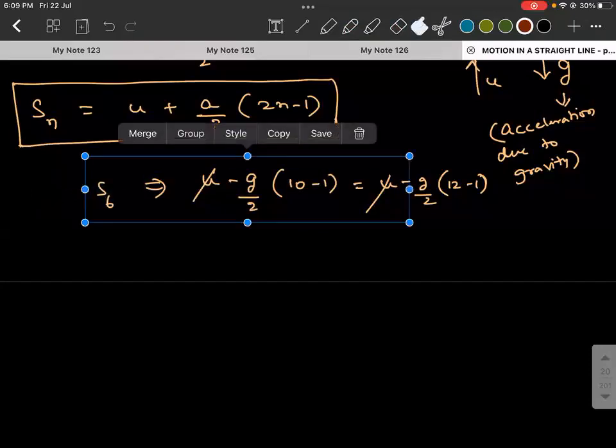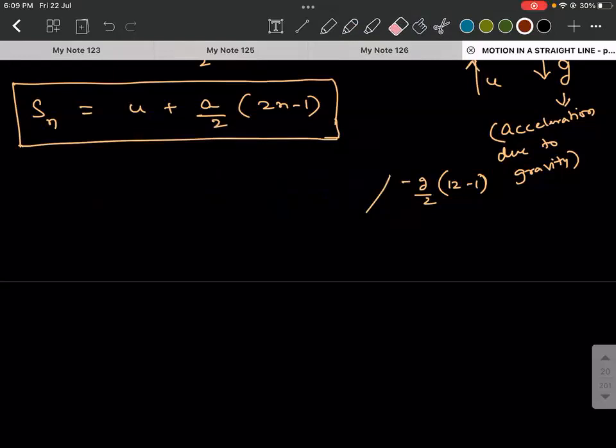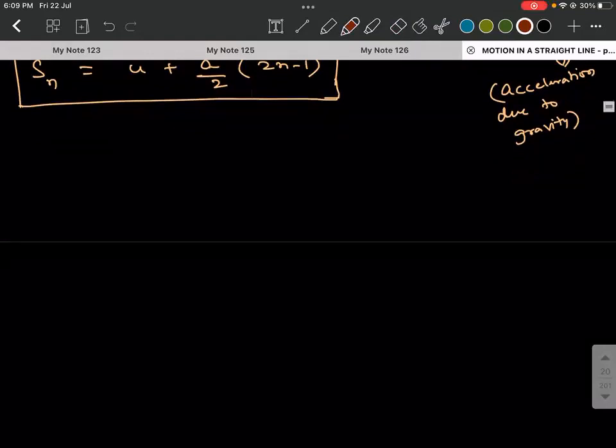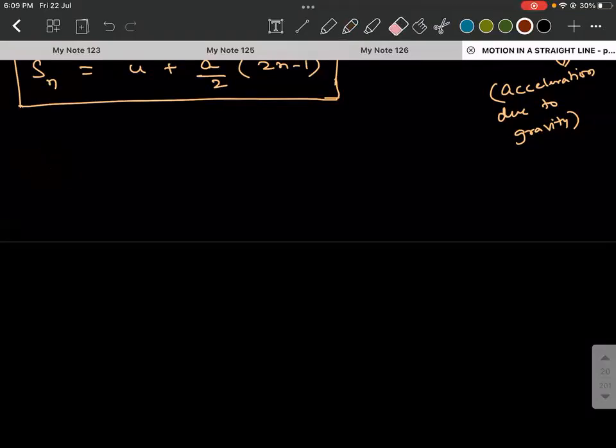First, let's do one thing. First, this problem has to be thought in a different way. I'll tell you. First, we'll try to find out how much distance the object has covered in 5 seconds and how much distance the object has covered in 6 seconds. For that, we will apply the formula v is equal to u plus at.